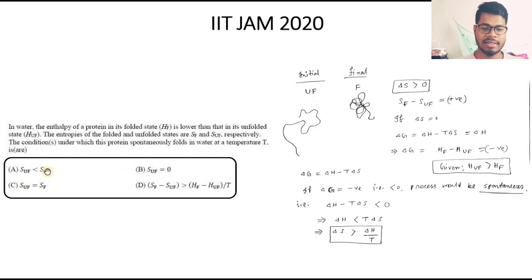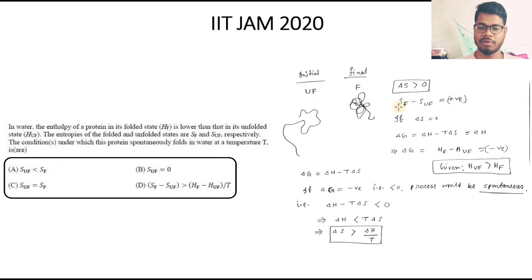And you can see that this folding will occur spontaneously if entropy increases. I have told you, from the second law of thermodynamics, that the initial state was unfolding and the final state was folding. So unfolding to folding, if entropy increases, then the process will be spontaneous. That's why, the entropy of the folded state is much more than the unfolded state.